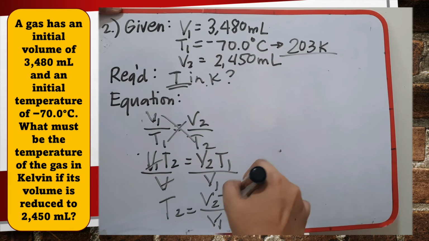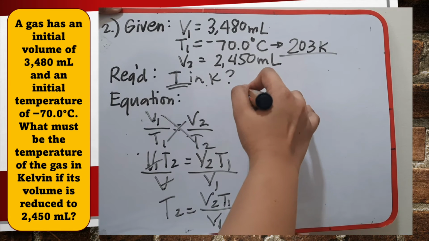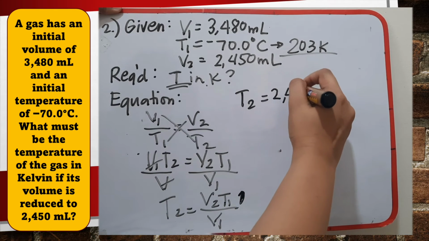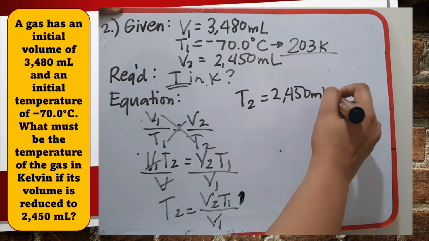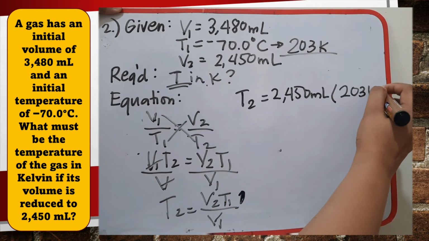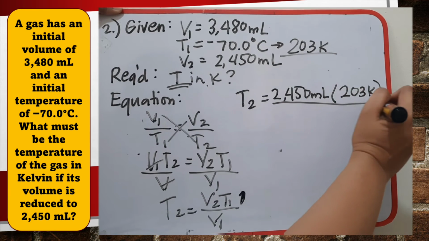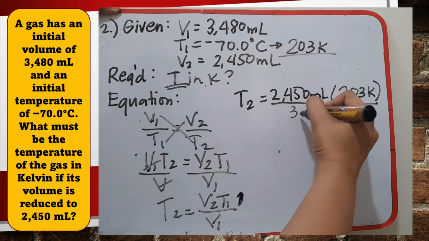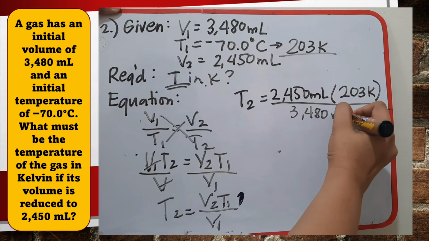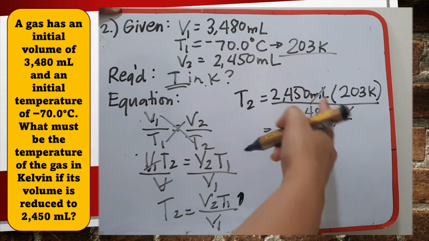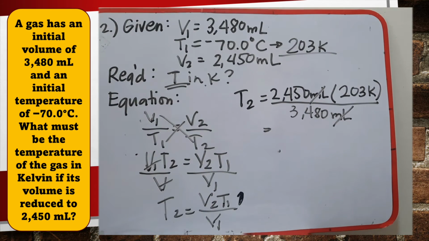Now, let us get the solution. Our V2 is 2,450 ml multiplied by T1, which is 203 Kelvin, divided by V1, which is 3,480 ml. We can cancel those two since they have the same unit.